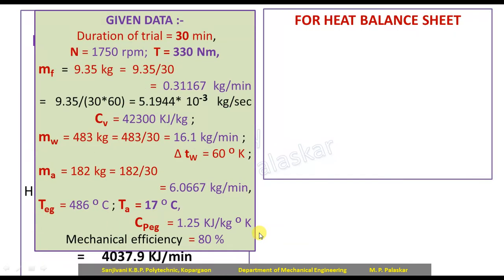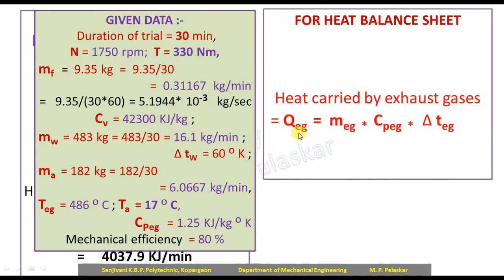Now let us go ahead with the heat balance sheet and find the heat carried by exhaust gases. So heat carried by exhaust gases, QEG, is equal to mass of exhaust gas into specific heat of exhaust gas multiplied by change in temperature of the exhaust gas, right? So first of all we must find the mass of exhaust gas. The mass of exhaust gas is the sum of mass of air plus mass of fuel, right?